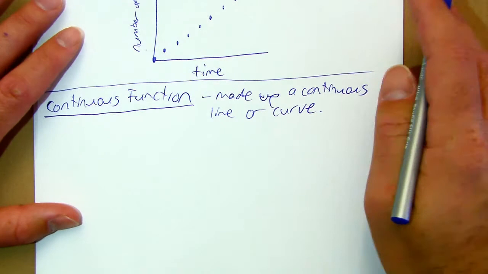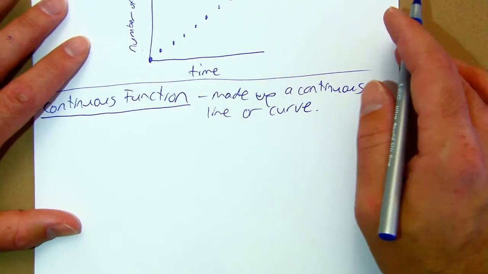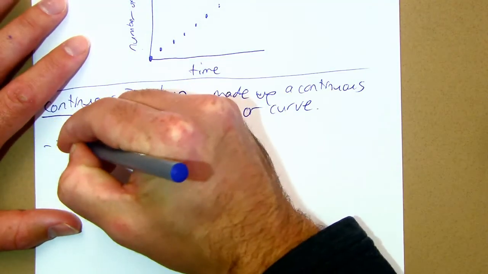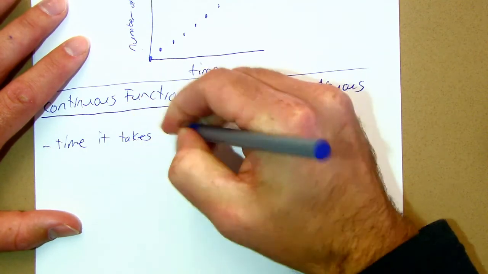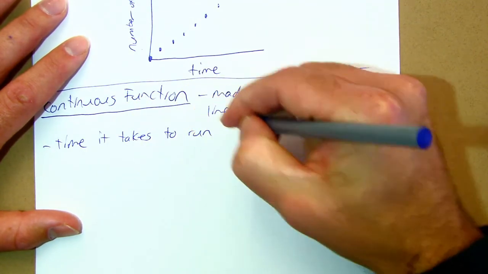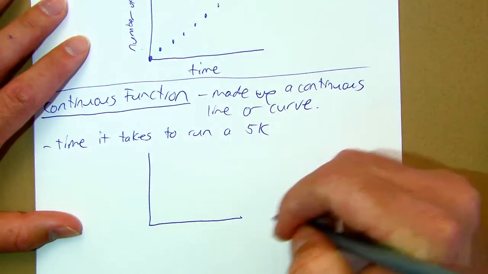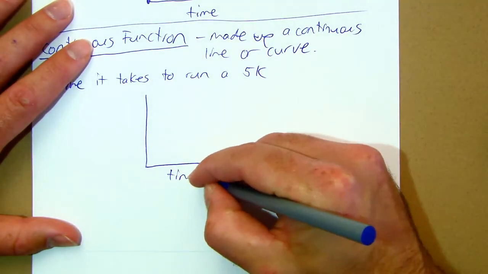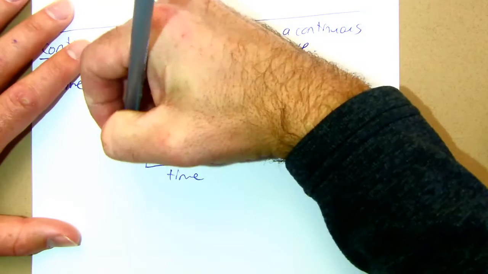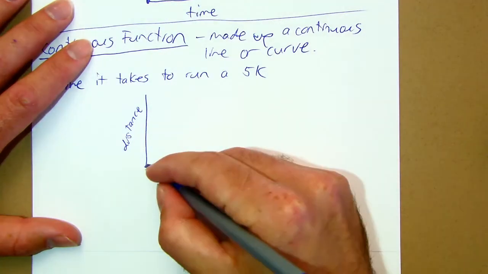Okay, so a good example would be time it takes me to run a 5K. So you're going to start off at 0, 0.